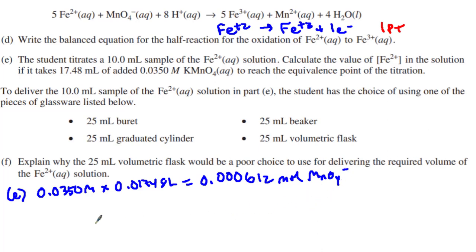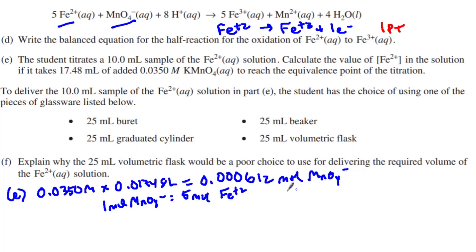We then need to do a molar ratio between the KMnO4 minus and the Fe plus 2, because that's what we're trying to figure out. Keep in mind there's 1 mole of permanganate for every 5 moles of the Fe plus 2.